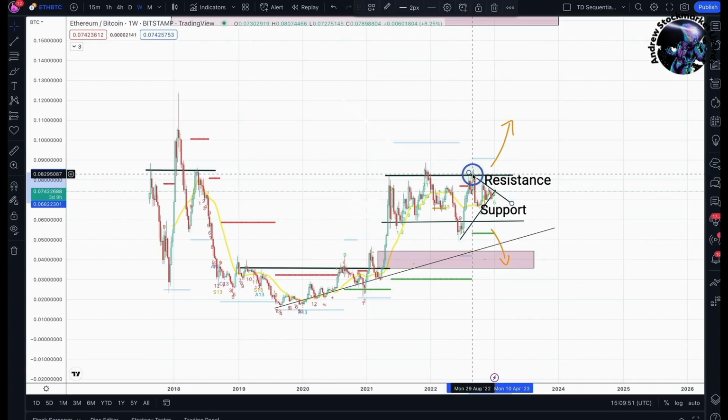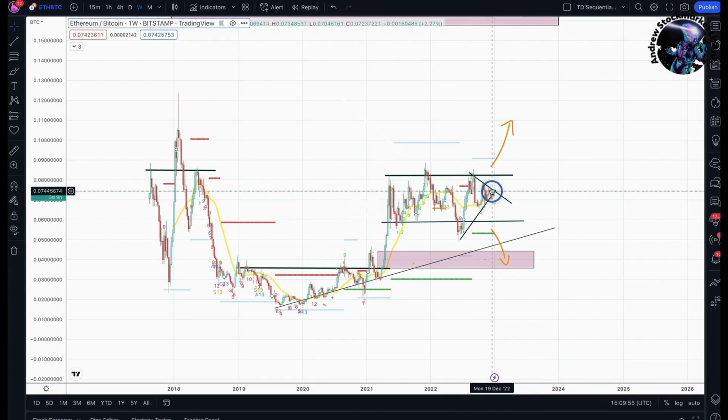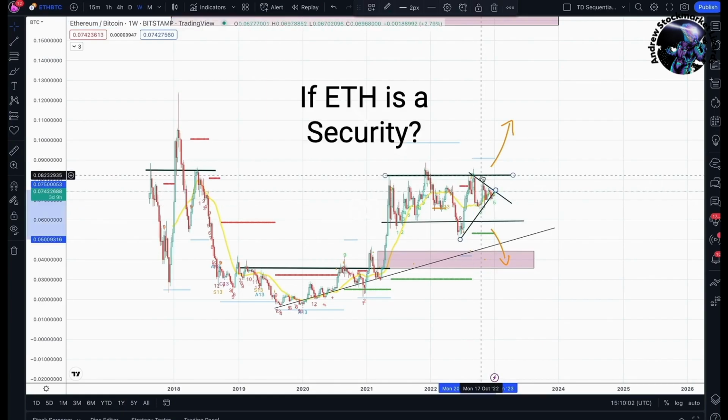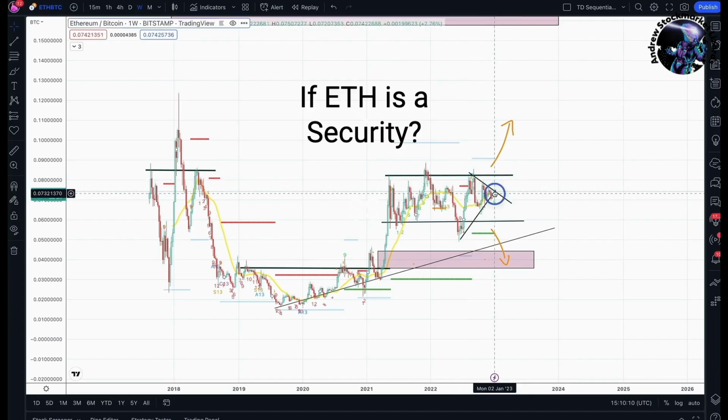Pennants are really difficult to identify where they're going to go. So this is why I brought up the fundamentals behind what is Bitcoin versus what is Ethereum. If Ethereum is deemed to be a security, realistically, this is bad news or damning news to the altcoin market.